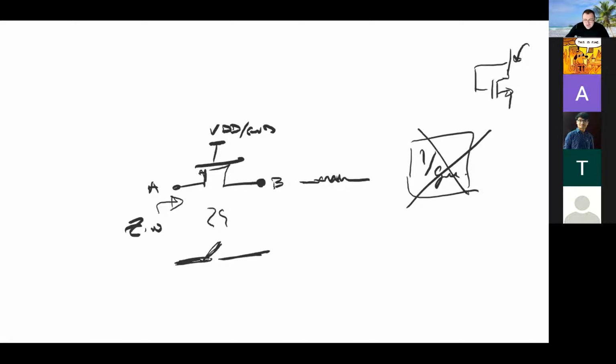Okay, so just make sure that if you're in triode, which is determined by looking at VDS and VGS, that you use the triode current equation. And if you're in saturation, we use the saturation current equation. Are there any questions about this particular problem? Okay.